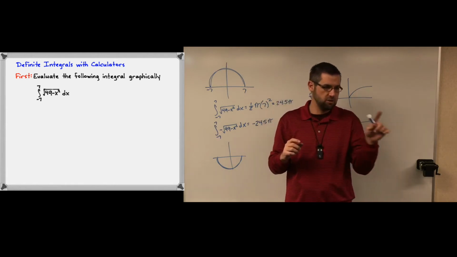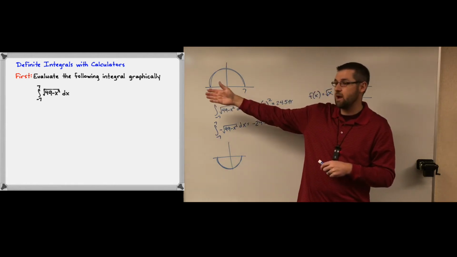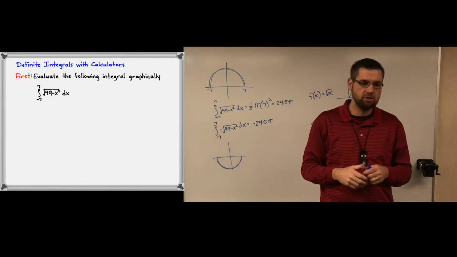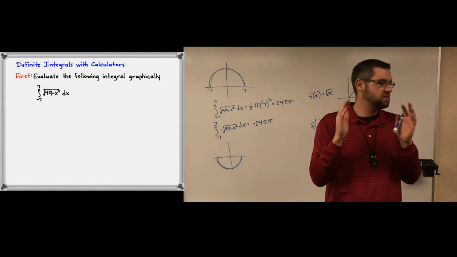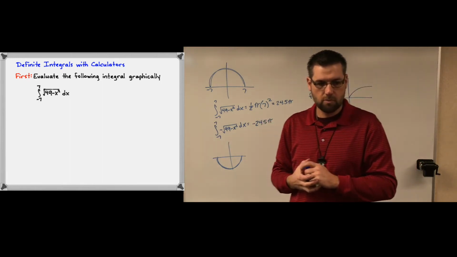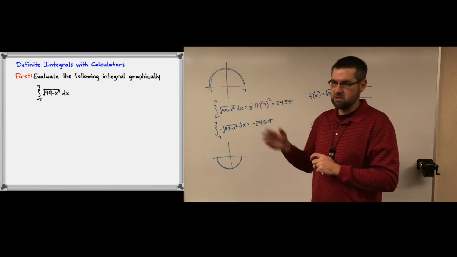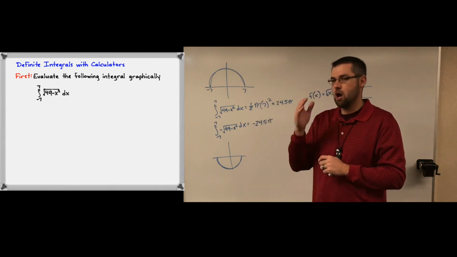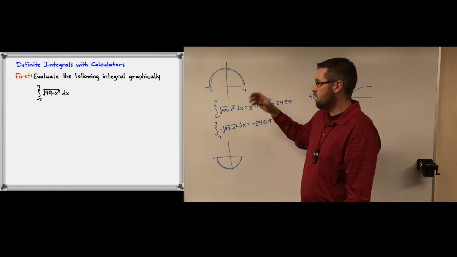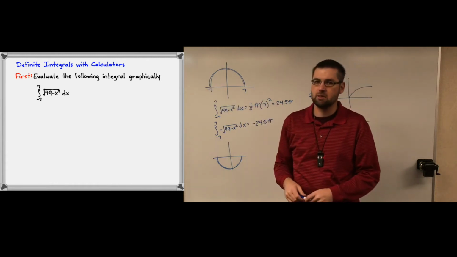You type in the function, or the integrand. So in this case, the rad 49 minus x squared. Make sure the 49 minus x squared is in its own parentheses. Then you're going to put comma x. So you're integrating with respect to x. By putting x, you're saying basically dx.